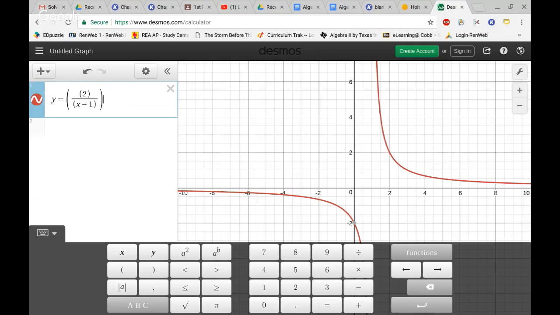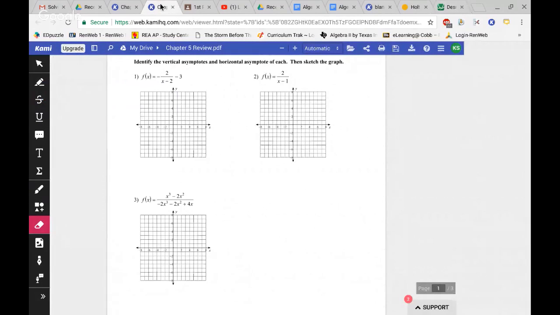Does that make sense? You write a parenthesis, then another parenthesis, then your 2, then close the parentheses, do a divided by, another open parenthesis, x minus 1, close parenthesis, close parenthesis. He said it worked that time. Never too many parentheses. So that should help you.